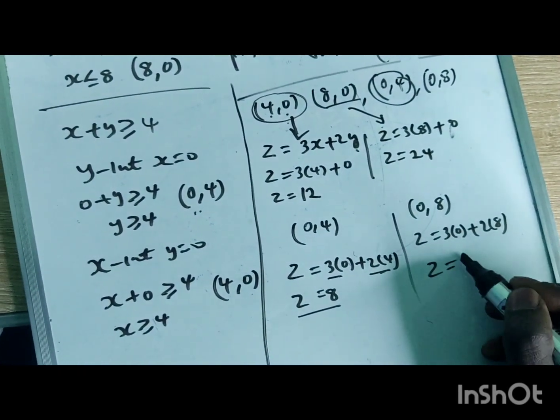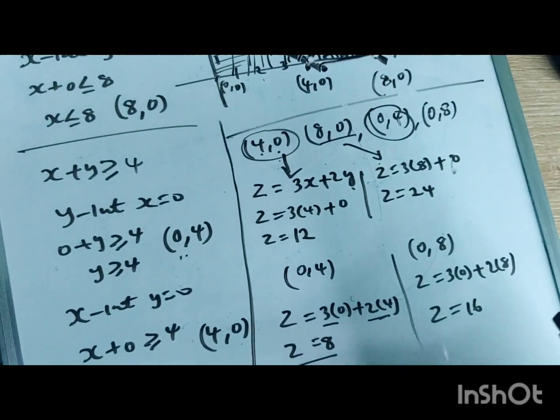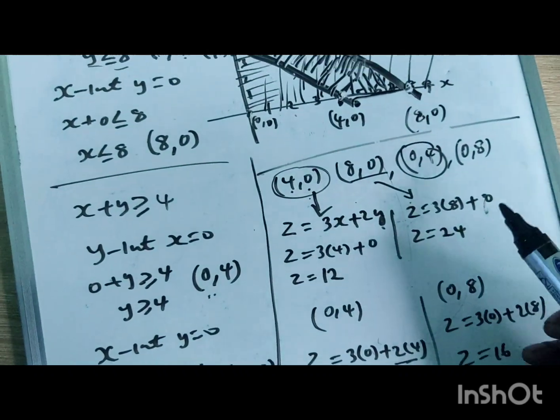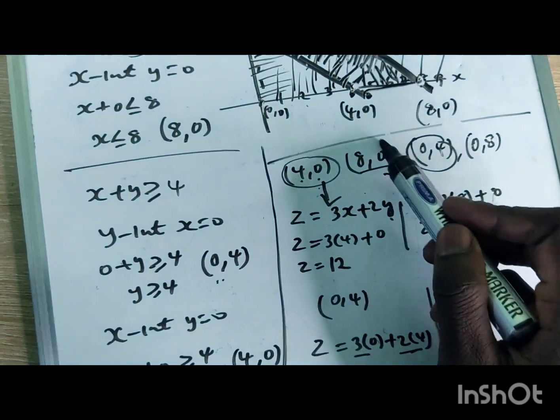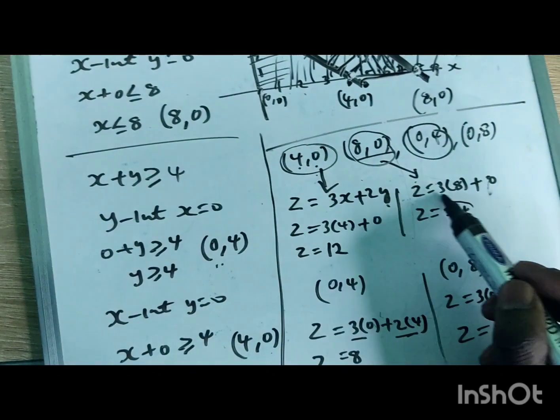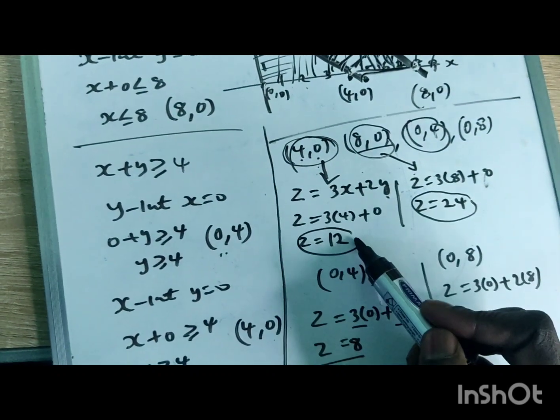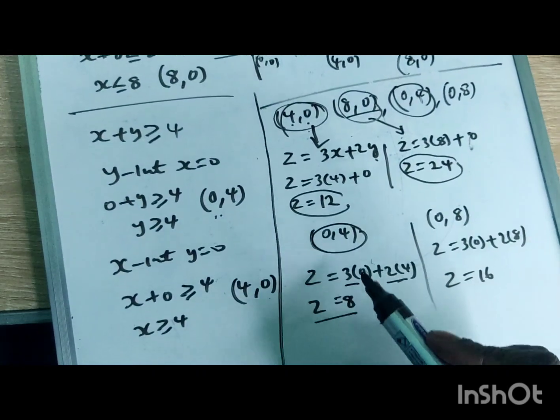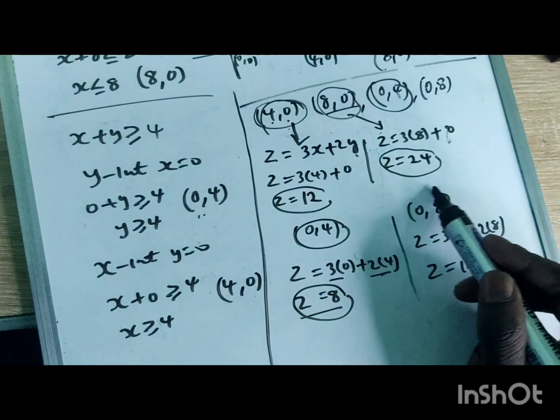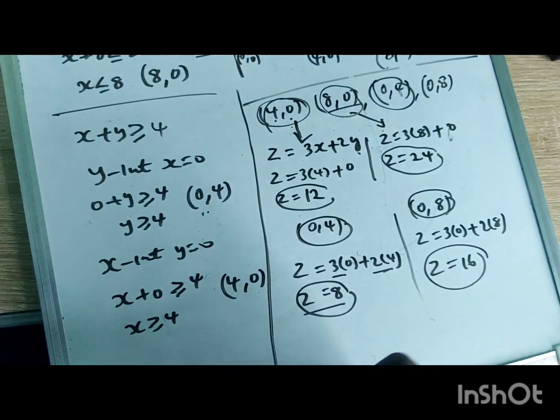Now that's going to be 16. Okay, now all these points here, we have this point that gave us 24. We have this point and it gave us 12. We have this point, it gives us 8, and this point it gives us 16.